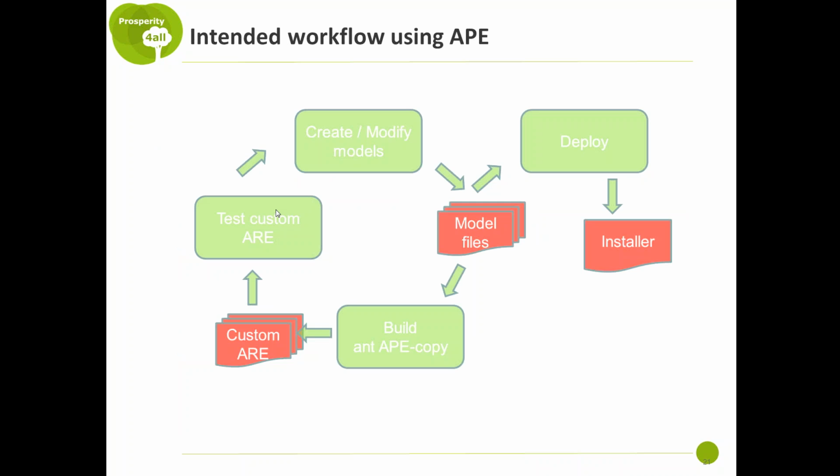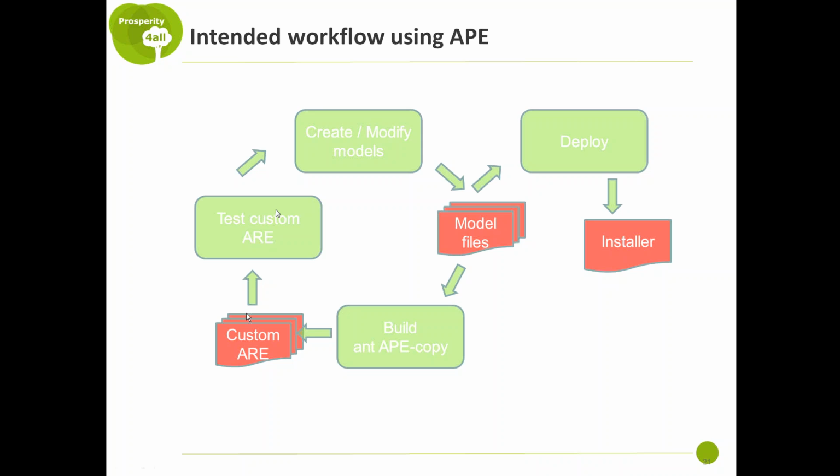Let's have a look at the intended workflow of the AsTeRICS packaging environment. The basic idea is that you first create or modify a model file and save that model file or model files to your APE project location, and then build your project.